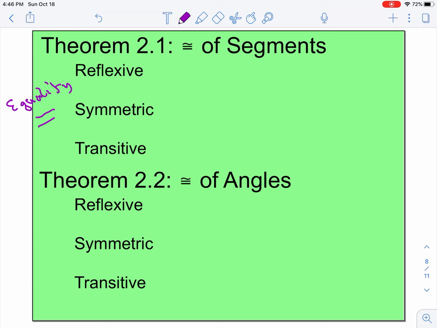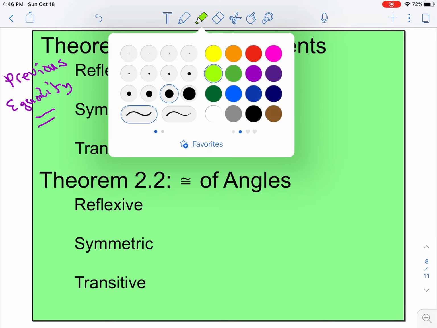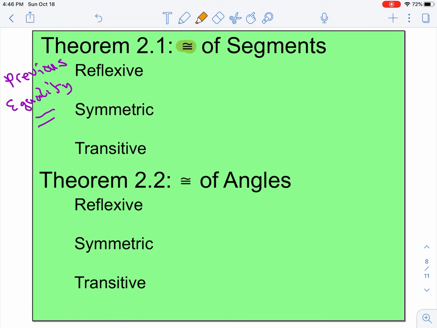So our previous theorems were equality theorems, but these are congruence theorems, but they work very similarly. So these are going to be congruence, and that's the only thing that's going to be different.